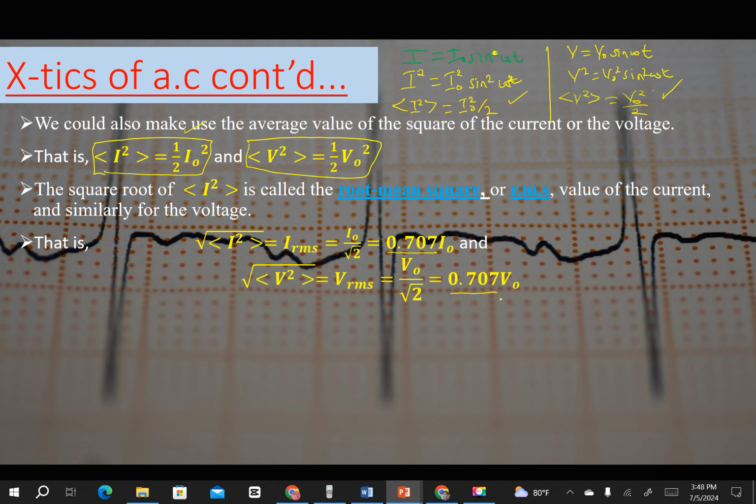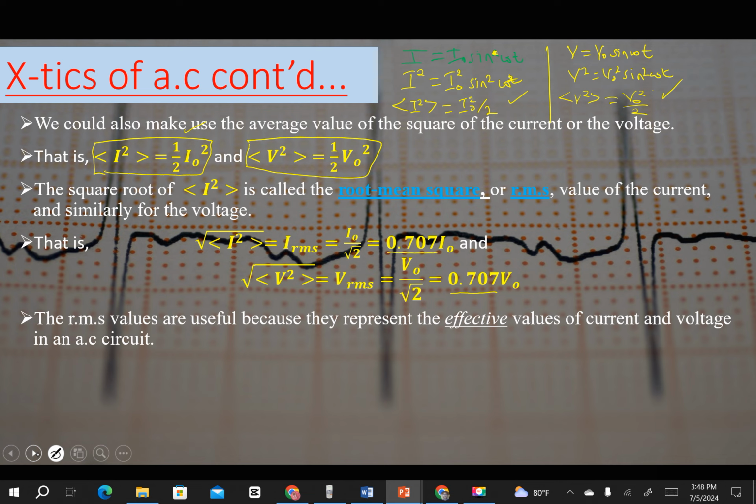Those values are called the root mean square values of either current or voltage. When someone talks about the root mean square values, we can argue that these represent the effective values of current and voltage in any AC circuit.